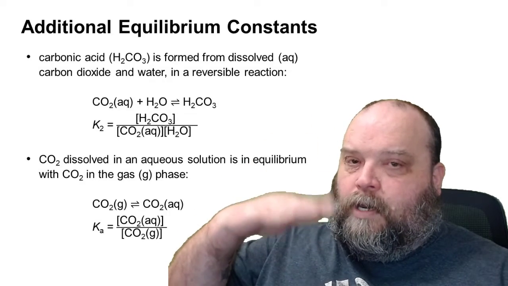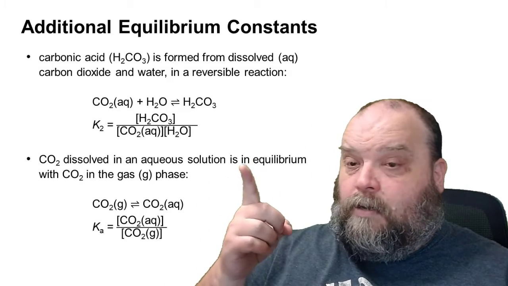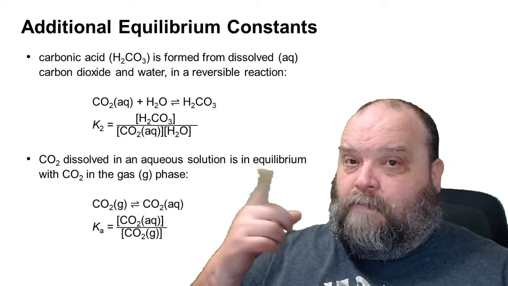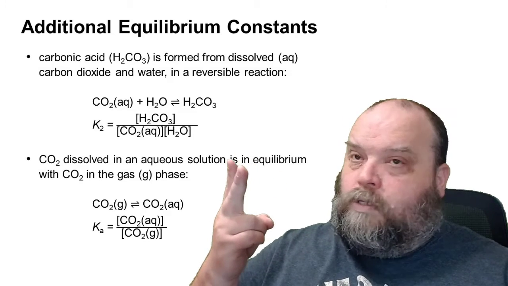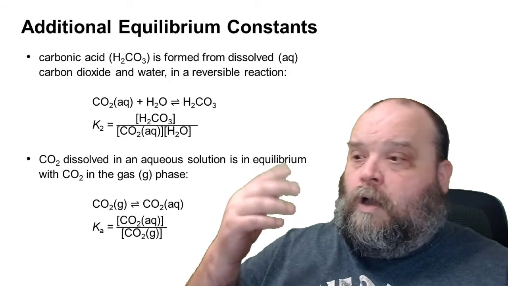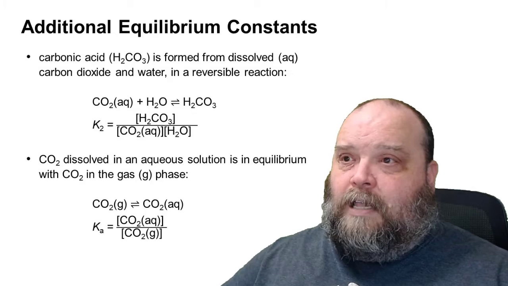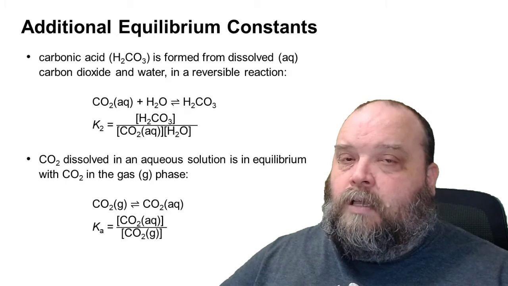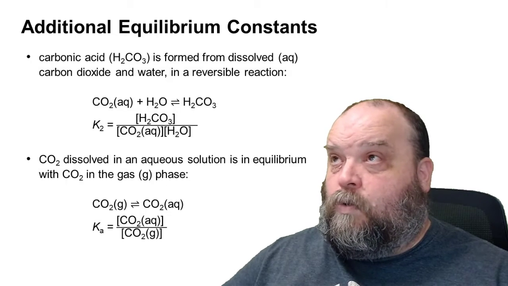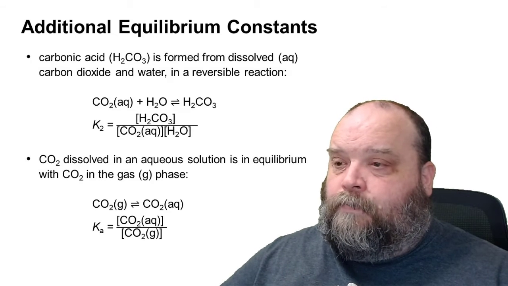Yes, it will fluctuate up and down depending upon your breathing. Are you breathing heavily? Are you not breathing at all? Are you getting enough gas exchange in your lungs? What's the pressure? Are you at 1 atmosphere pressure? Are you up on top of a mountain? Are you down in Death Valley, well below sea level? Those will impact the issue.